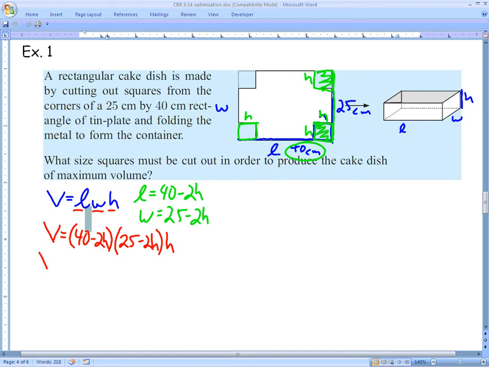I may want to go ahead and expand this with a little FOIL. We can see 40 times 25 gives us 1,000, and our outer and inner terms will become negative 130H.